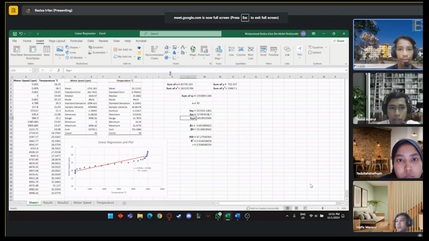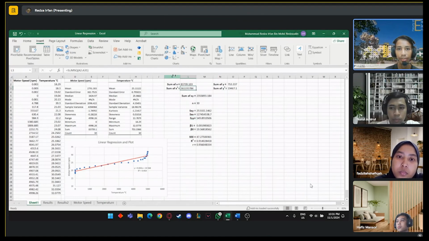Then I continue with the calculation for X, the sum of X square. I'm just using the command for each of these values, for example SUMSQ, the sum of squares.